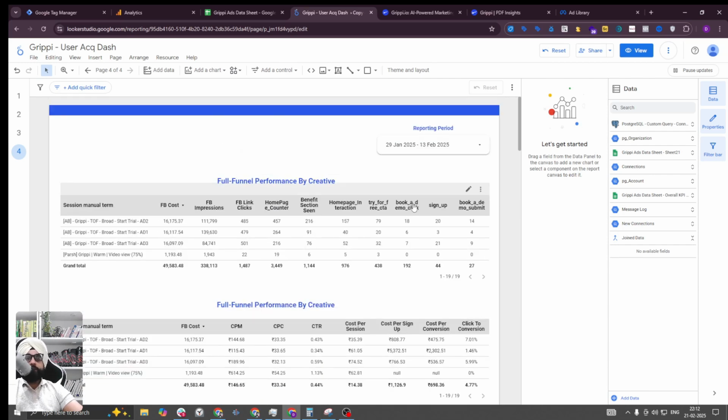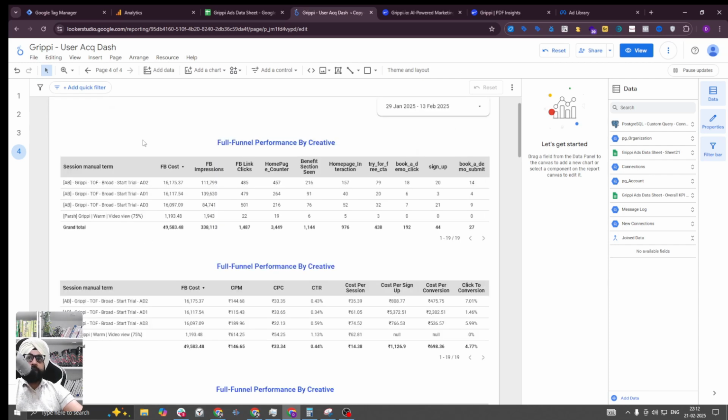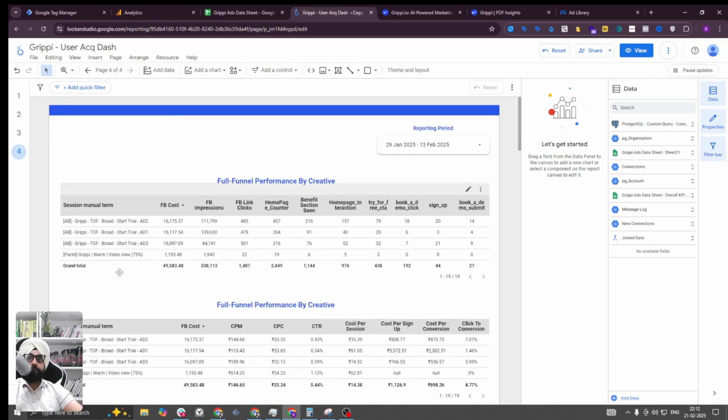Okay. Now, if you look at the data from 29 January till 13th of February, then we have our four ads running over here, four creatives. It's session manual term, but avoid it. It's the creative. Okay. So as you can see, the spends are similar in these three, right? Similar spends.